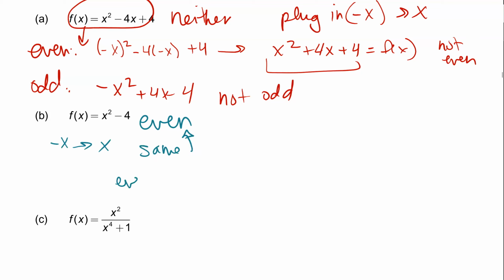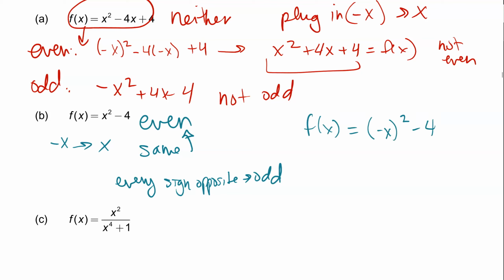If every sign is exactly opposite, it's odd. And if neither one of those is true, guess what? It is neither symmetry. So f of x equals, I'm plugging in negative x. Negative x squared is just x squared minus 4. I get the same thing I started with. That's how I know it's even. It's the exact same thing I started with.